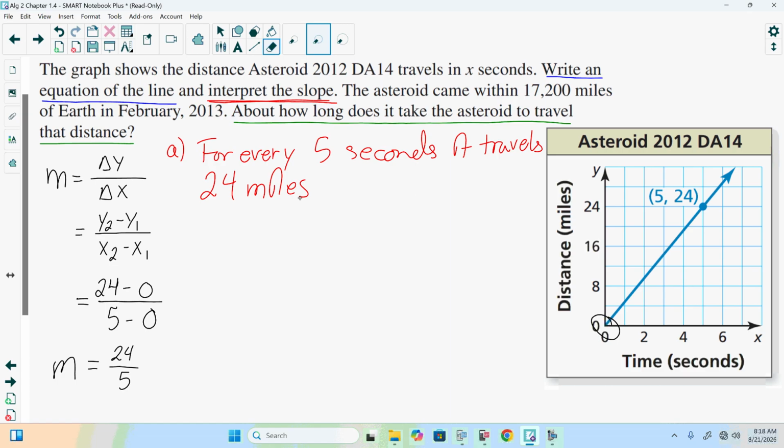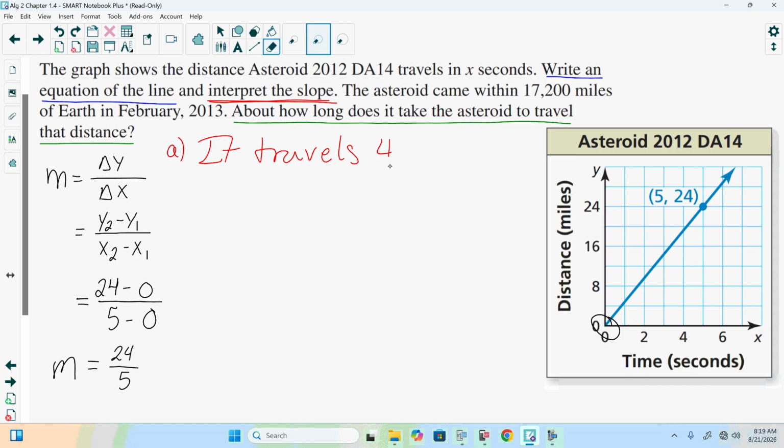This is not the only way we can say it, because we said the value was also 4.8, yes? Yeah, it travels 4.8 miles every second. Different ways to write it.